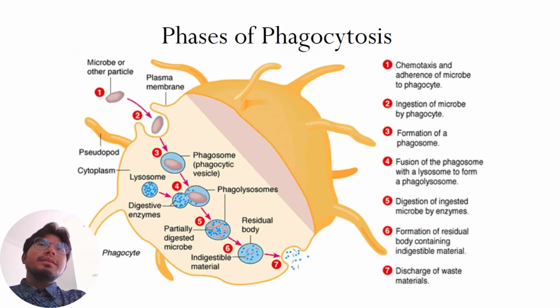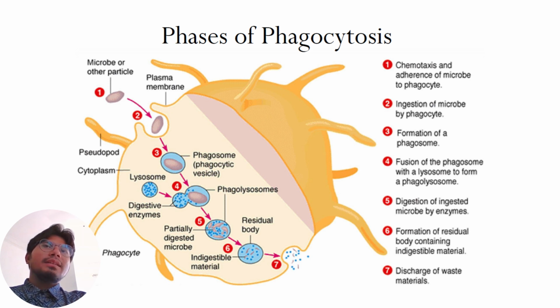In general, there are seven phases of phagocytosis. Okay, started with chemotaxis and adherence of microbe to phagocytes, and then followed by ingestion of the microbe by the phagocyte. For example, if the phagocyte cell is a macrophage, then there is formation of a phagosome. And when the phagosome forms, there will be an enzyme known as lysosome that will react with the phagosome to form a phagolysosome.